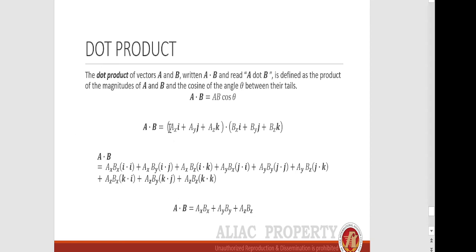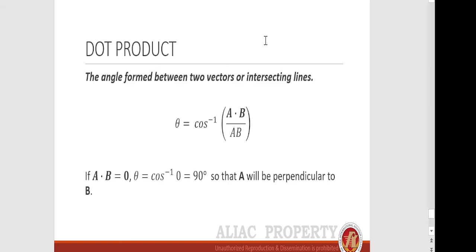So you will just solve this: Ax i times Bx i, Ax i times By j, Ax i times Bz k. Similarly, you solve each component with each of the others. When you solve that, the final answer is A dot B equals AxBx plus AyBy plus AzBz, because some of the terms cancel.